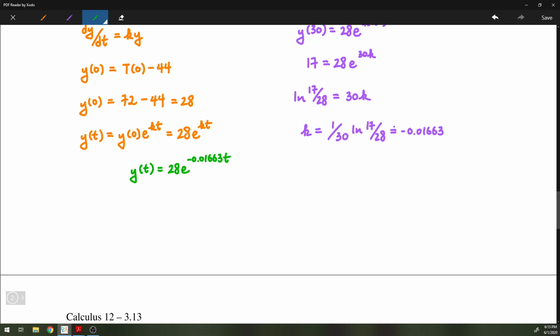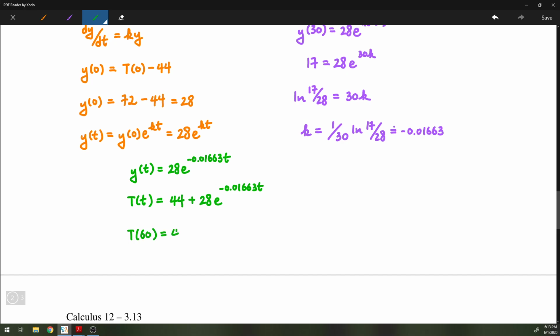Now, of course, y of t is equal to T of t minus 44, so T of t, to find the temperature, is simply going to be 44 plus 28 e to the negative 0.01663t.